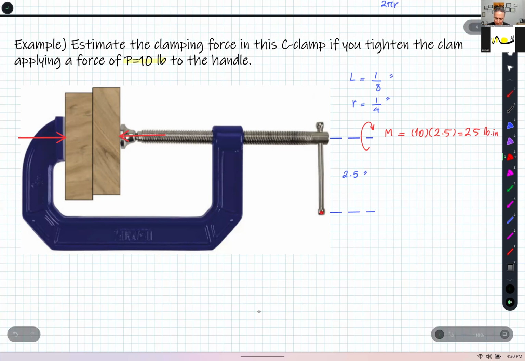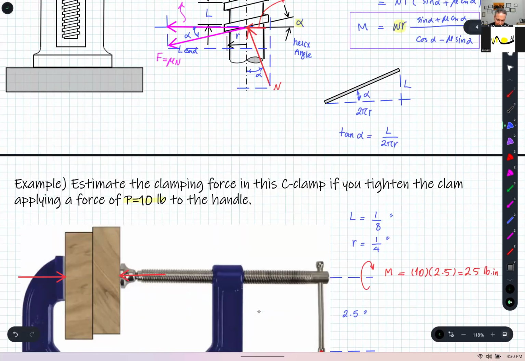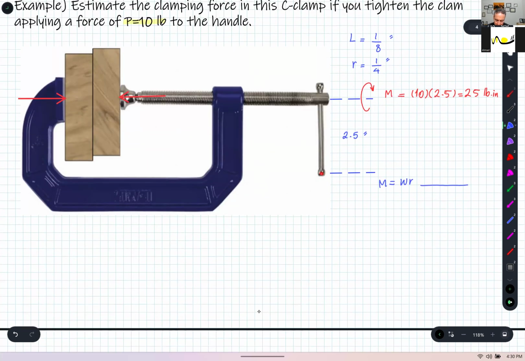So that's M. We'll use the relation that we just found. M is WR, and we just found it is, I'm going to go back to the slide, sine alpha plus mu cosine alpha divided by cosine alpha minus mu sine alpha.